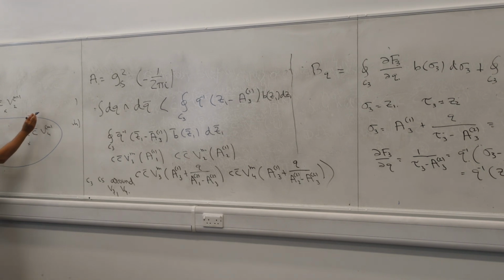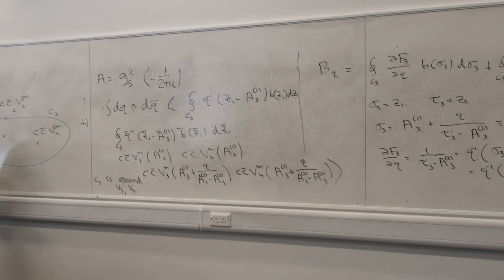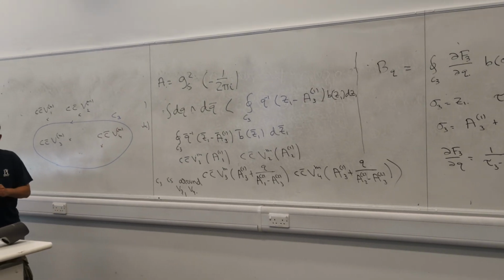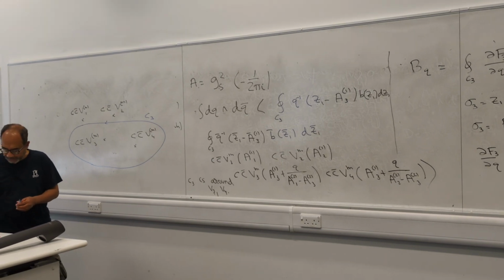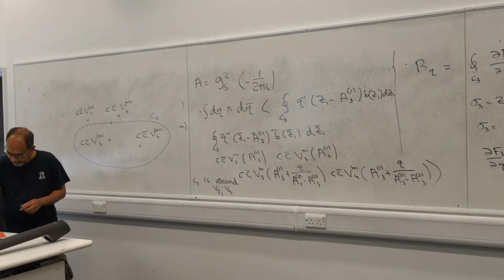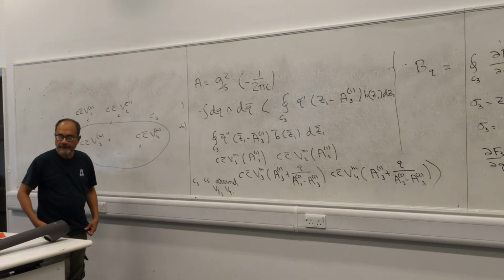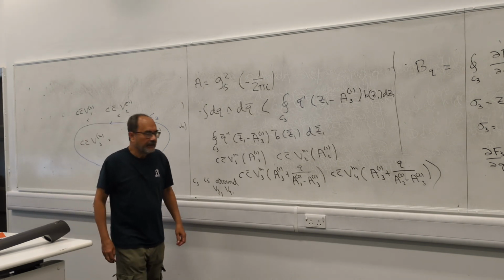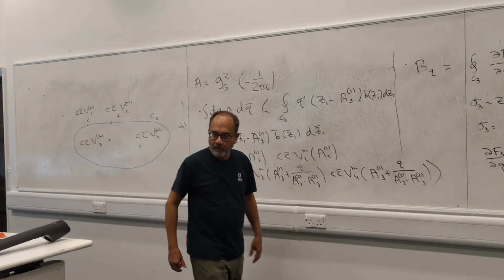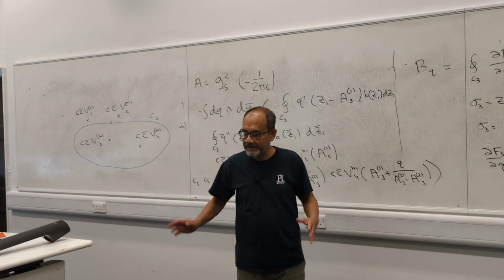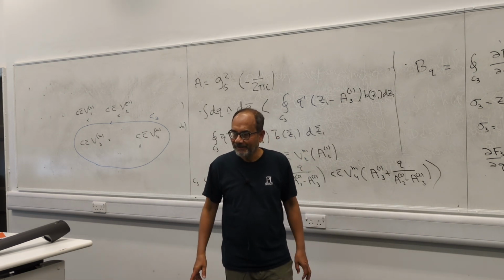That is our C3. So you can manipulate this by picking up residues from these points. Now this looks nothing like what we had before, but the claim is that this is exactly the same as what we had before.